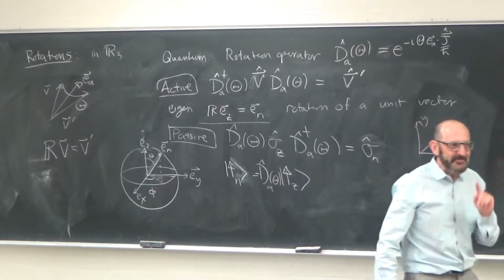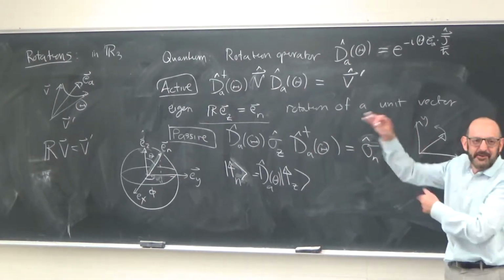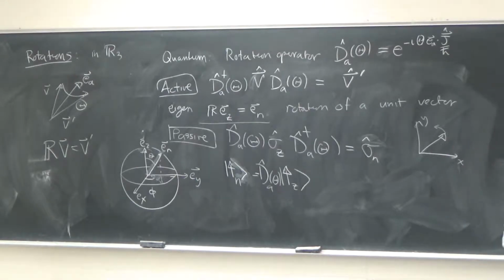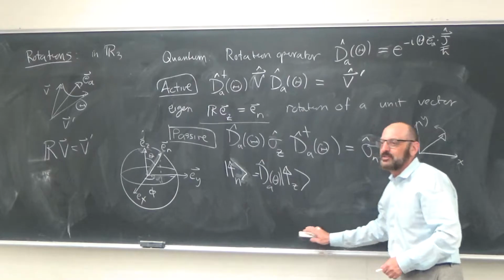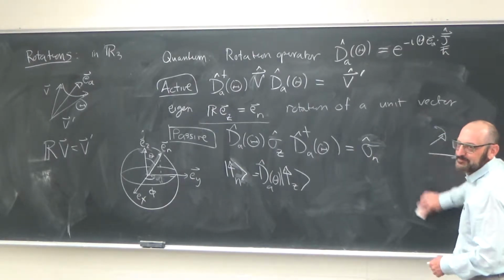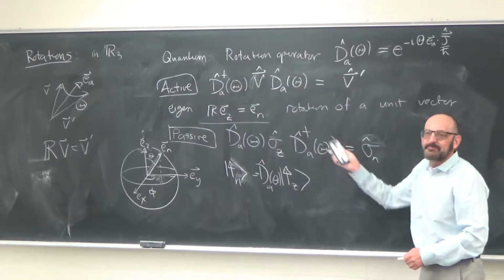You have to go back and remind yourselves. That's why the daggers appear on different sides. And it's always confusing. Am I talking about an active rotation on the vector or a passive rotation on the coordinates? That's why the dagger appears here.